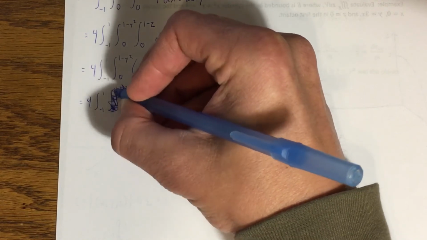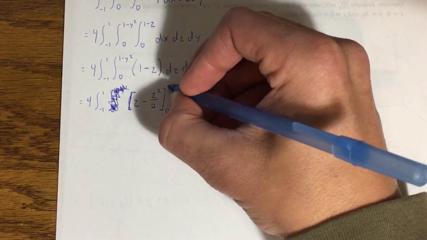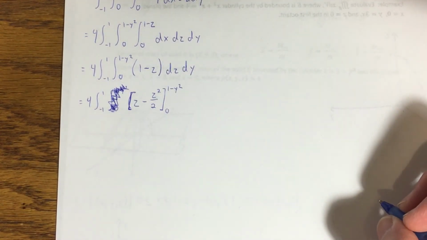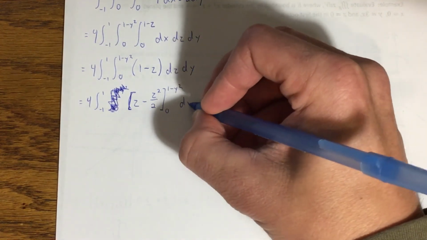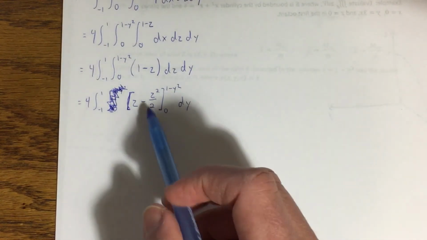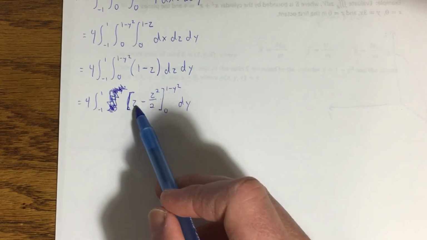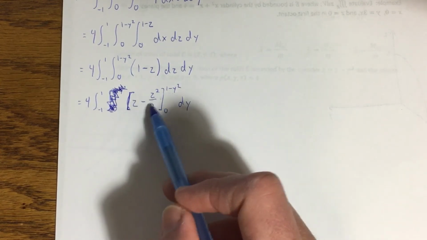Let's very sloppily scratch that out. These are the limits of integration here. That was my mistake. 0 to 1 minus y squared, that's what I'm looking for. Dy here. Okay, so we're going to substitute 1 minus y squared in for the z's. Plugging a 0 in doesn't do anything other than produce a 0, so I can just focus on that.